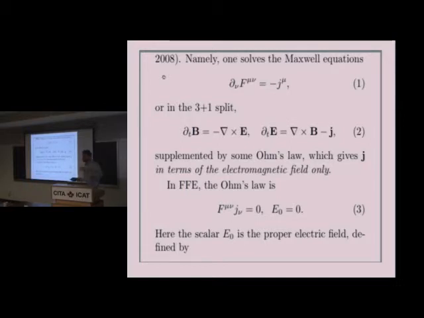Since we are postulating that the electromagnetic field is so strong, it dictates the motion of charges and tells the charges what to do. The charges don't talk. There are no degrees of freedom for the charges. So here is the idea. Write down the expression for J in terms of the electromagnetic field only.